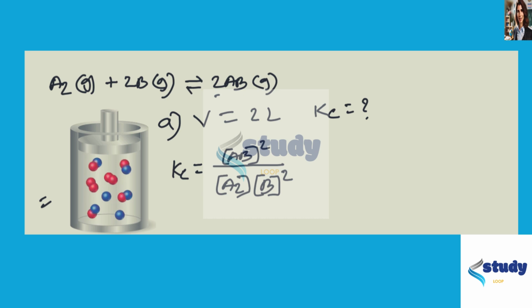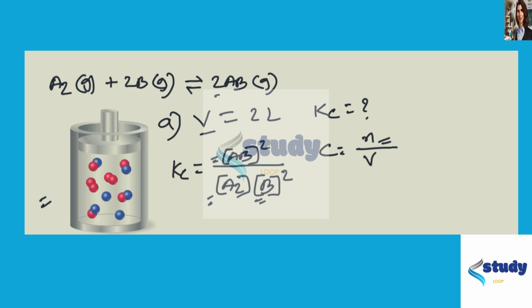Now we have to know the concentration of each of the products and reactants. Concentration is basically the number of moles over volume. So we know the volume here, but we have to know the number of moles. If we assume that each of the molecules given here is 1 mole, we can see that from here.